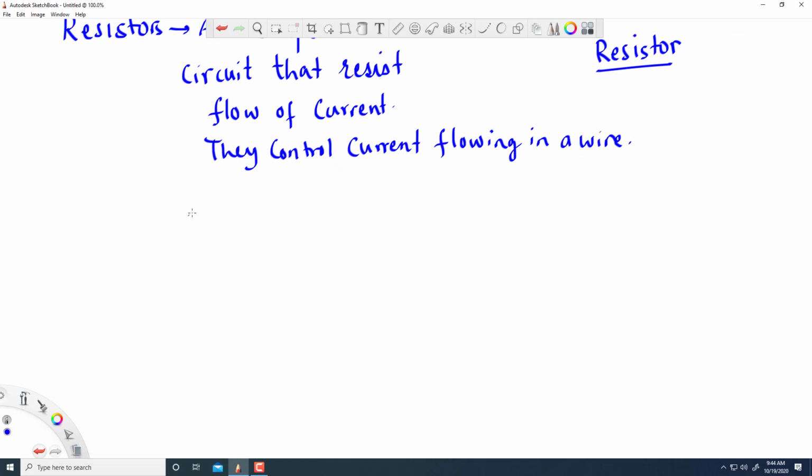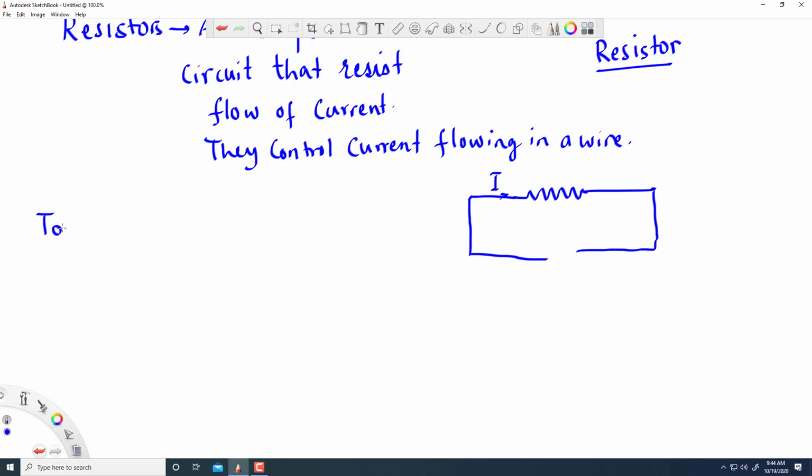Okay. So, again, this is the symbol for a resistor. And in order to pass current through a resistor, so you want to pass some current through the resistor, what do you need? You need some kind of current source.